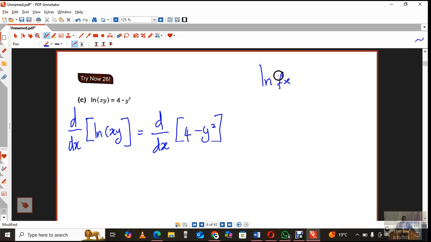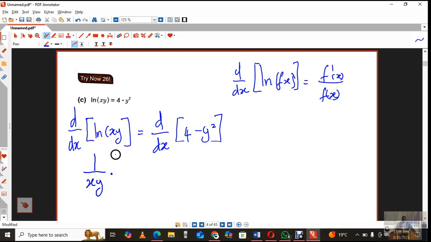So if you have d by dx, let's just do the general, then the derivative is that f of x comes under, and on top you have the derivative of that. So in this particular case, I'm going to have 1 over xy, then I'm going to multiply with the derivative of xy. Now, here's the thing.